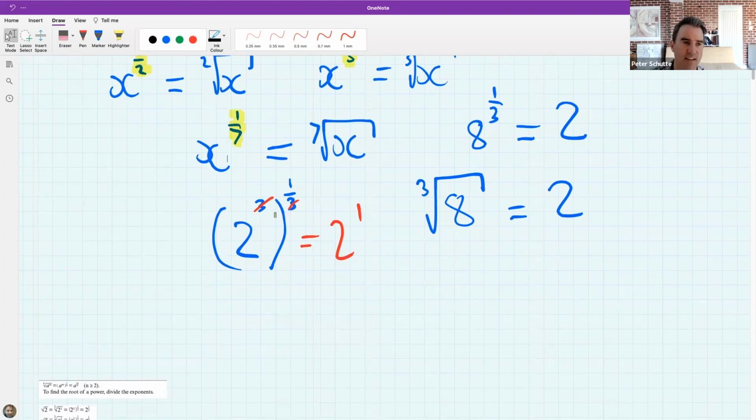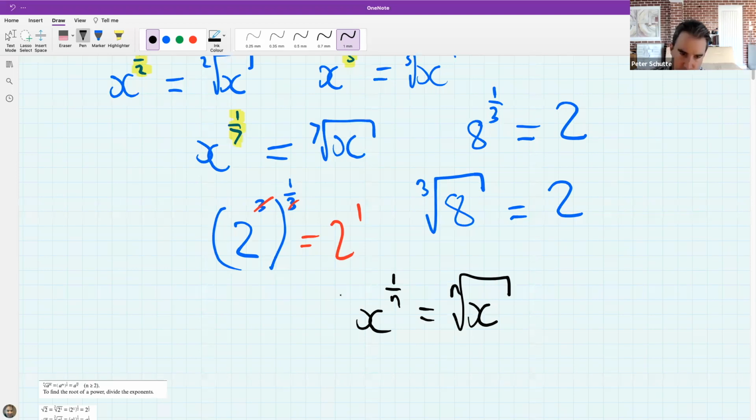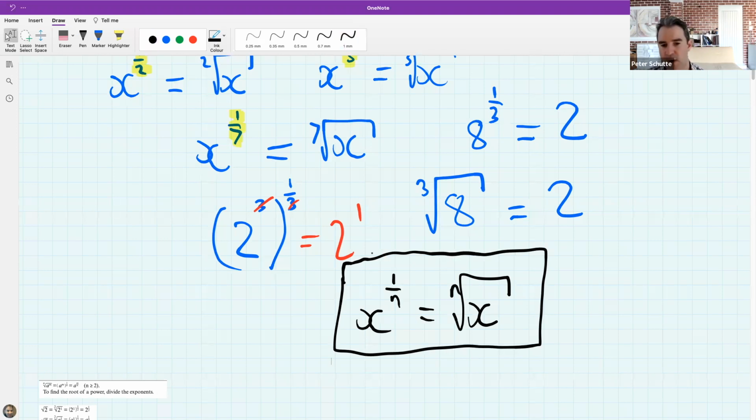In the previous lesson, I gave you the following law, which said x to the power of 1 over n is the same as this. So if you need to write that down, you can do it. That's a straight conversion. The power of 1 over n is the same as the nth root of x.